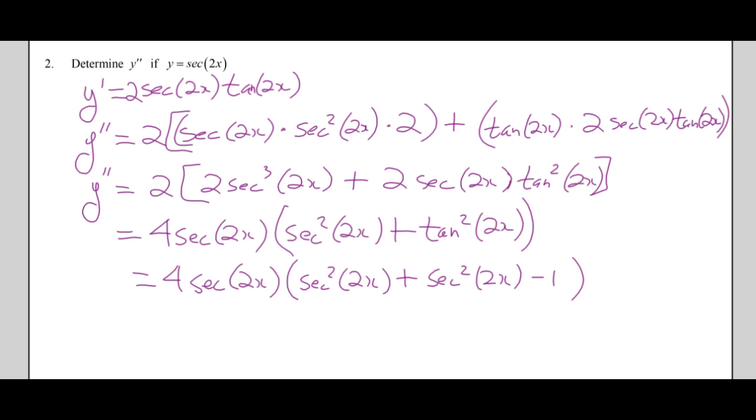So that's just using tangent squared is secant squared minus 1. And so what do we get? 4 times the secant of 2x, so we got 2 of these guys, 2 secant squared 2x minus 1.